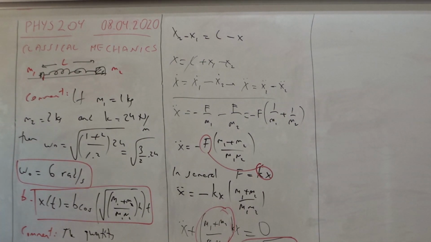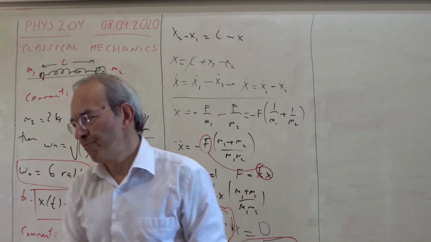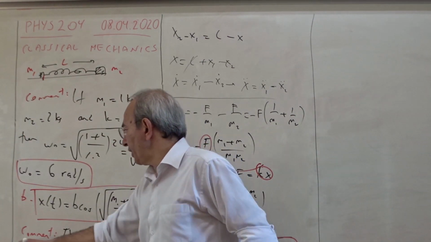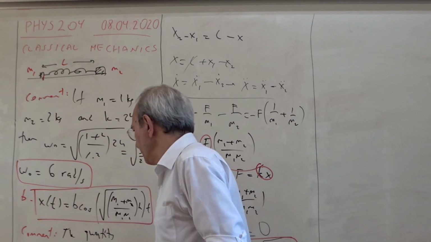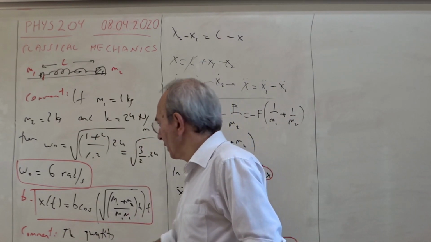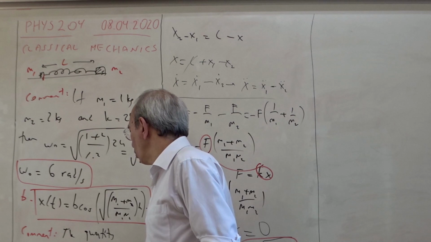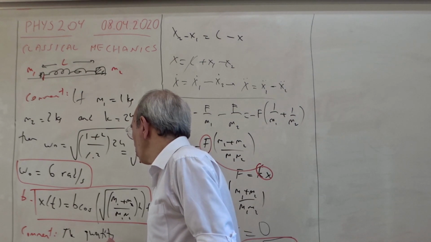This mu is not the coefficient of friction, it is called the reduced mass. The quantity product over sum of the masses, without k, is equal to mu, which is called the reduced mass.